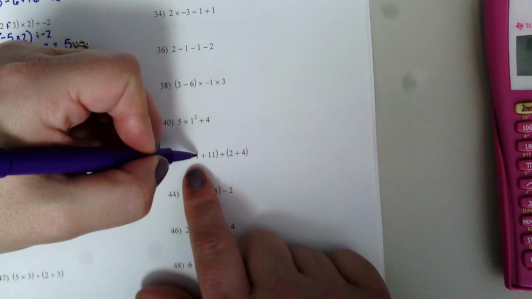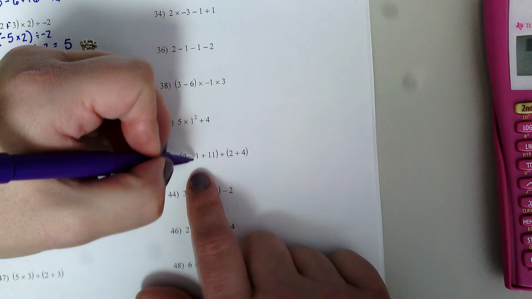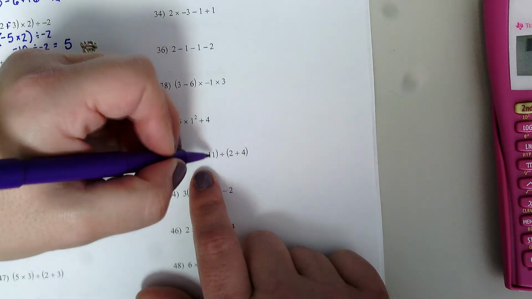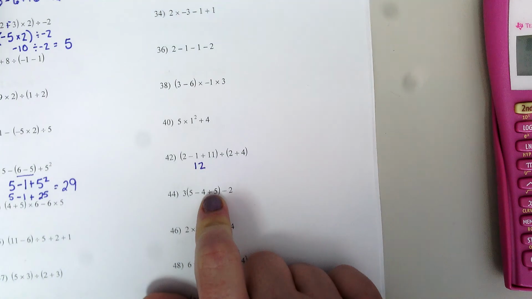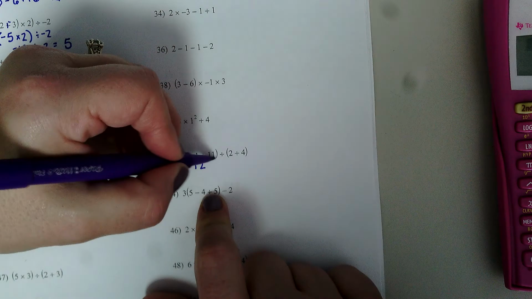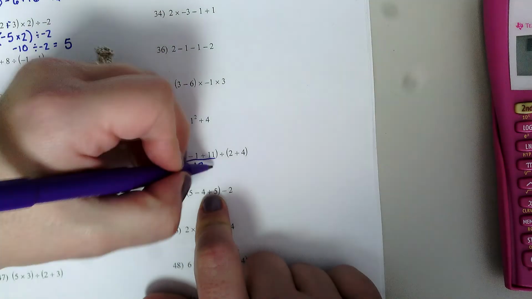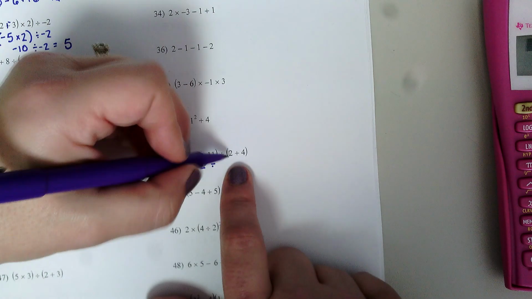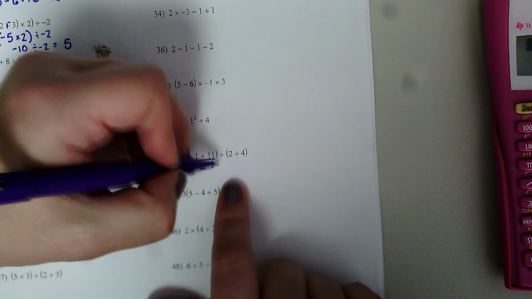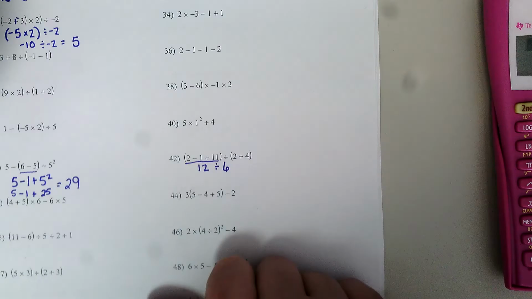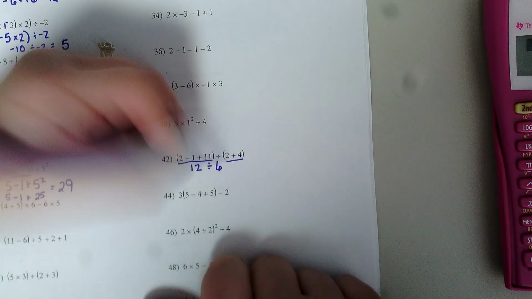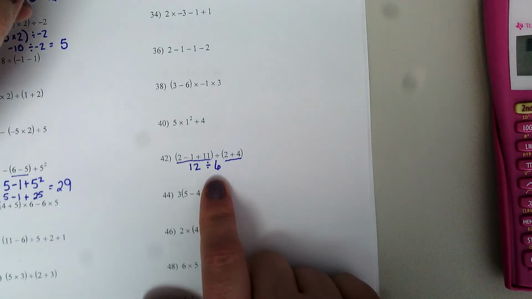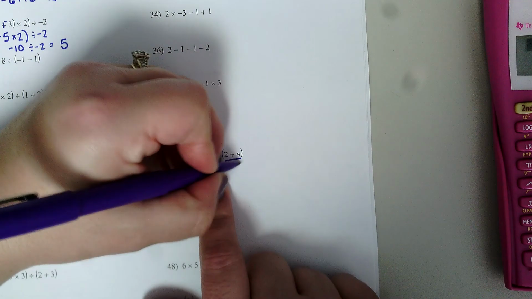So we say 2 minus 1 is 1, and 1 plus 11 is 12. So that is 12. And then divided by, and then 2 plus 4 is 6. So all of this just simplifies down to 12 divided by 6, which we know equals 2.